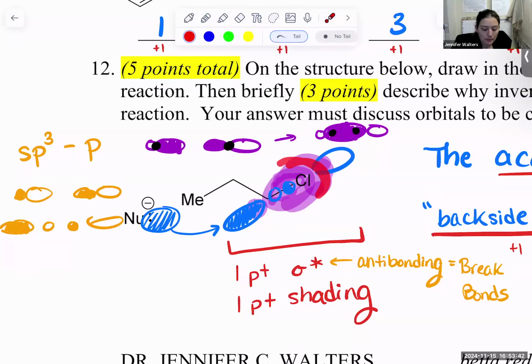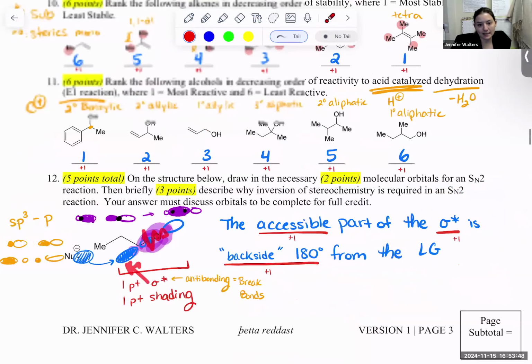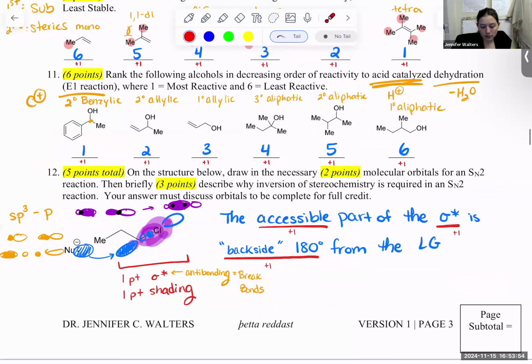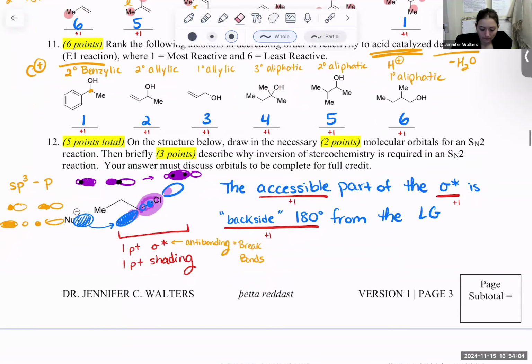So it comes out a little bit more. This is where the electron density is. So the accessible portion is on the backside, on the opposite end of where your leaving group is actually located. Any questions about number 12? That looks like a disaster, so leave it that way.